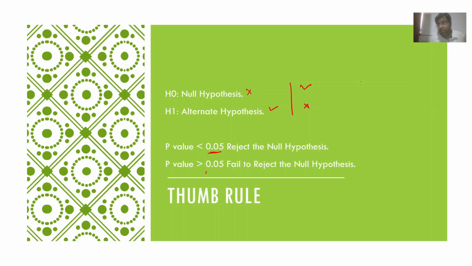Here I will give one important message. For coefficients, your p-value should be less than 0.05. And if you are checking residuals, your p-value should be greater than 0.05. So you need to remember this.